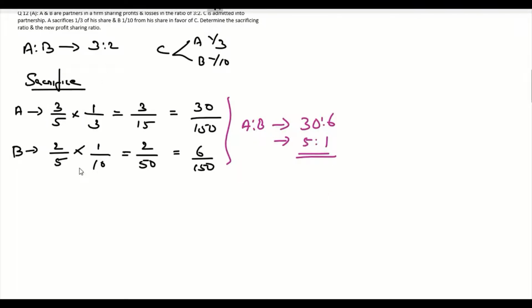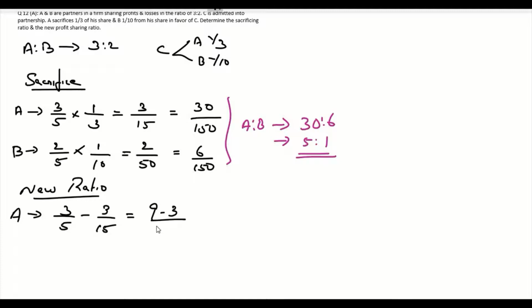Now let's find out the new ratio. New ratio for A: his original share is 3/5 minus his sacrifice, 3/15. That is going to be 9 minus 3 over 15. That is equal to 6/15.